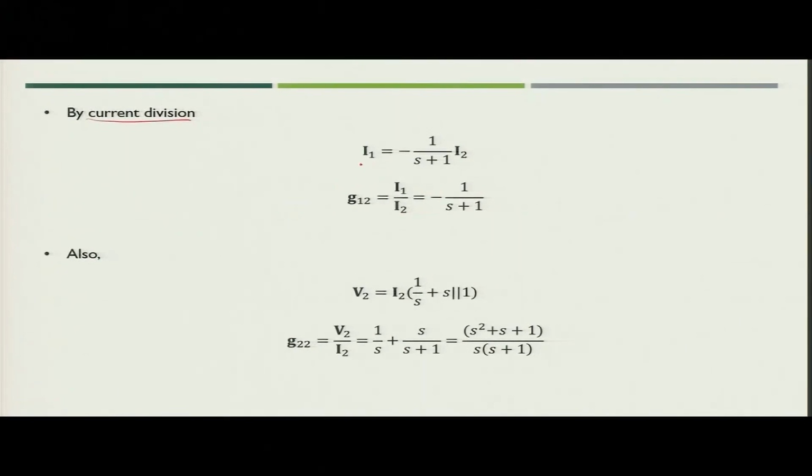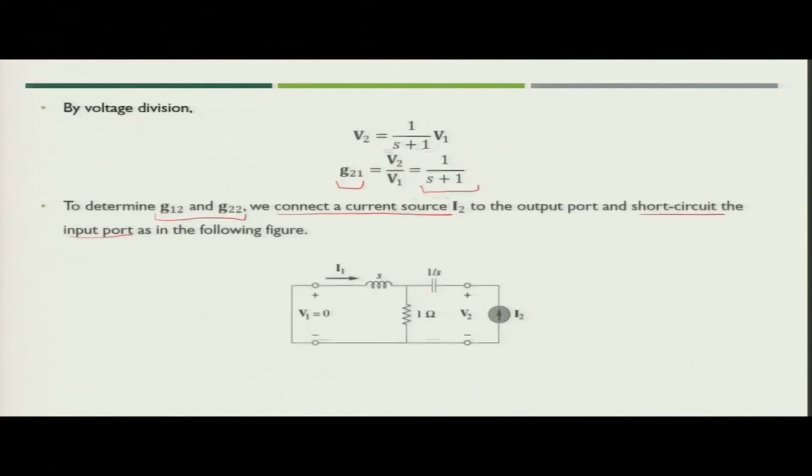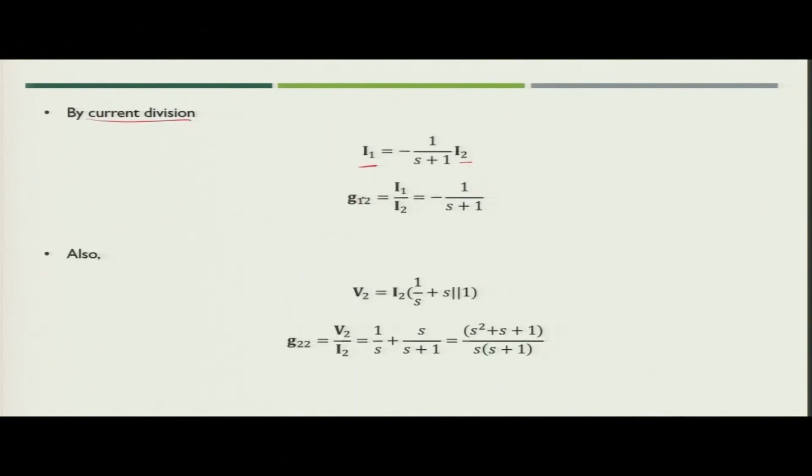If you utilize current division, I1 will become minus of 1 upon S plus 1 into I2, because in this case I1 and the component of current I2, that is I2 dash, will be in opposite direction. So you will get a minus sign over there. So I1 is now minus of 1 upon S plus 1 into I2. So G12 you will simply get as I1 upon I2, and that is nothing but minus 1 upon S plus 1.